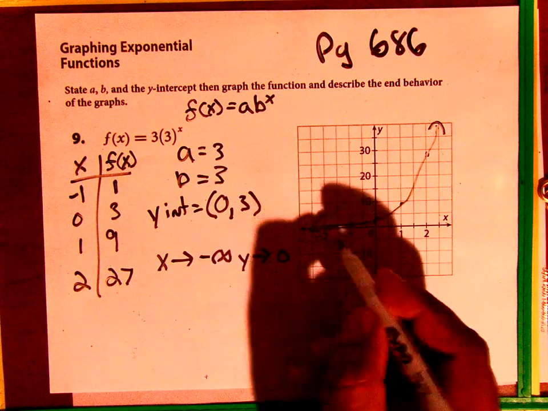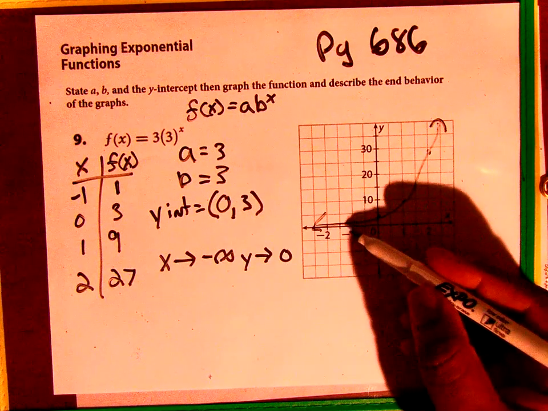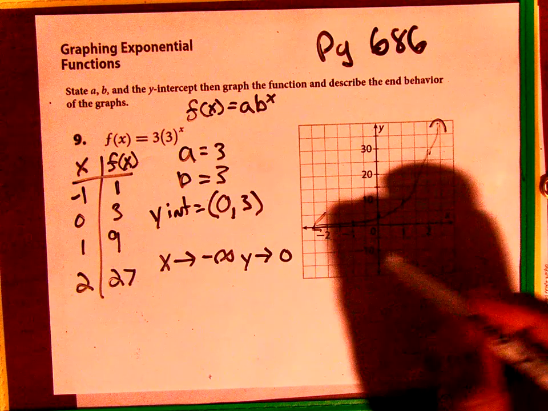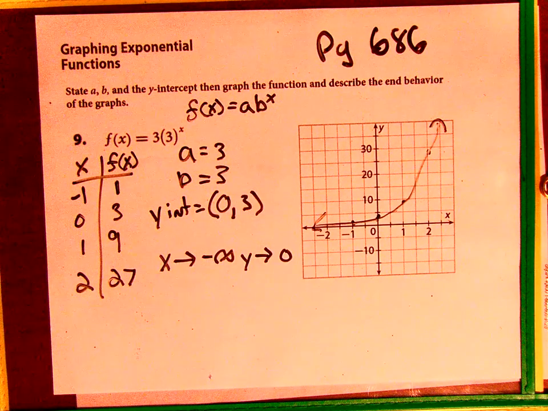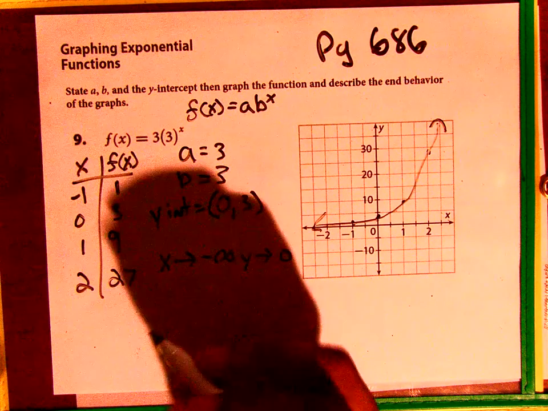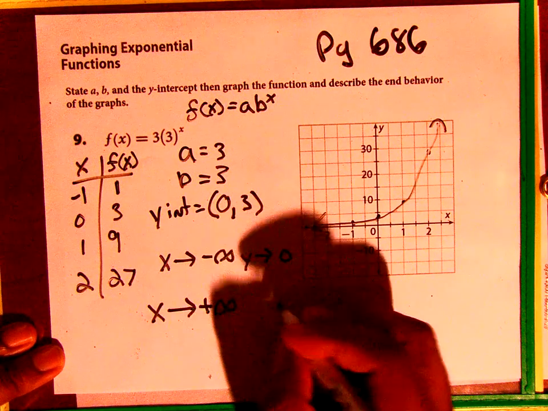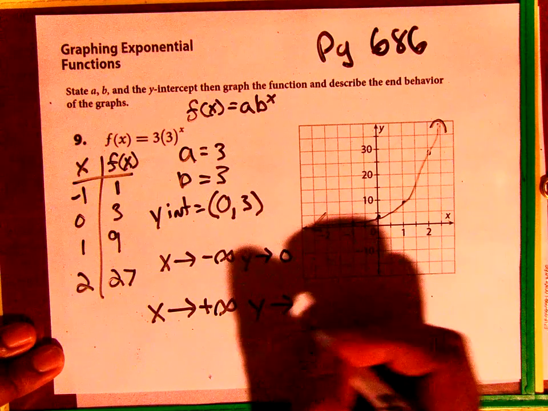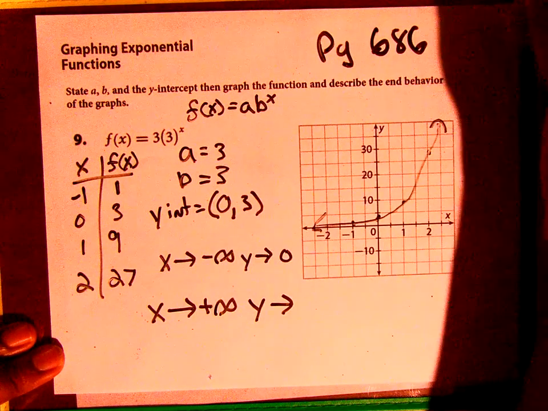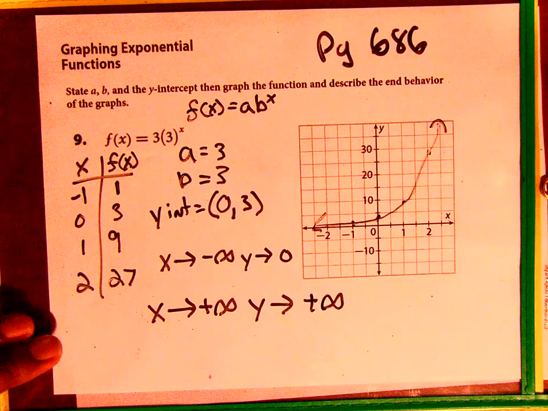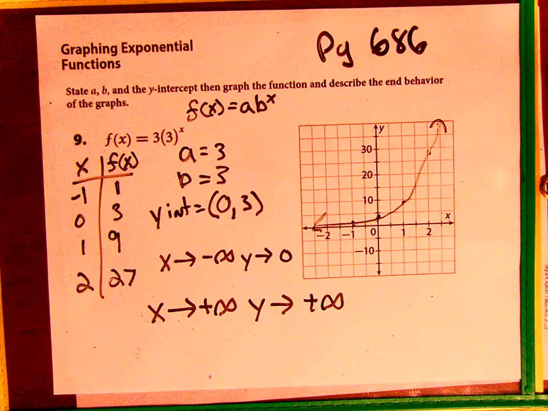See how the line gets closer and closer to 0, and it'll never pass it. That's how the function's end behavior is going. Now as x approaches positive infinity, y keeps going up, up, up to positive infinity. And that's the end behavior.